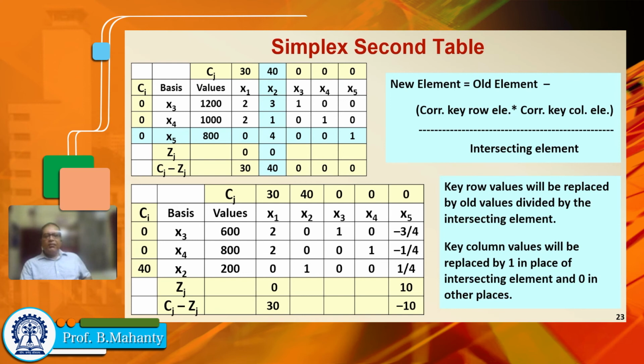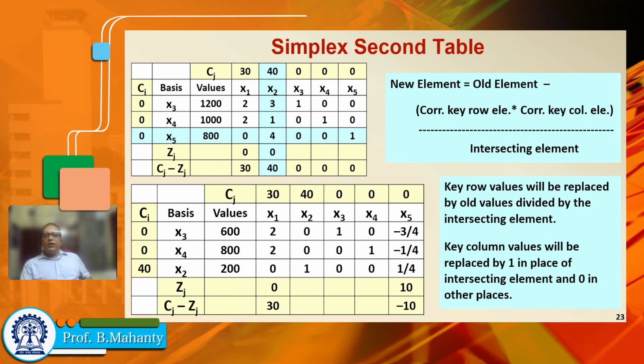In fact, these Cj minus Zj values can also be computed by the formula. So this is 30 minus 40 into 0 by 4, so 30. And this 0 should be 0 minus 40 into 1 by 4, so minus 10. Alright, so the formula once again: new element equals old element minus corresponding key row element into corresponding key column element divided by the intersecting element.